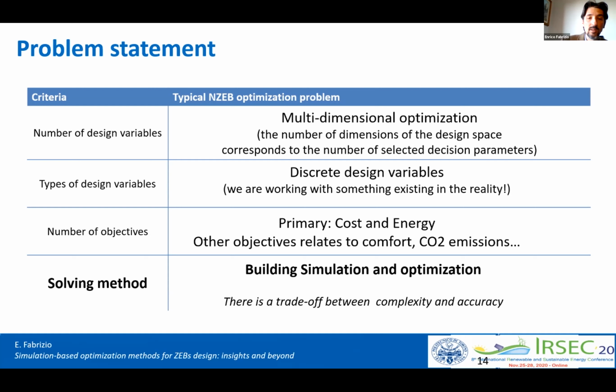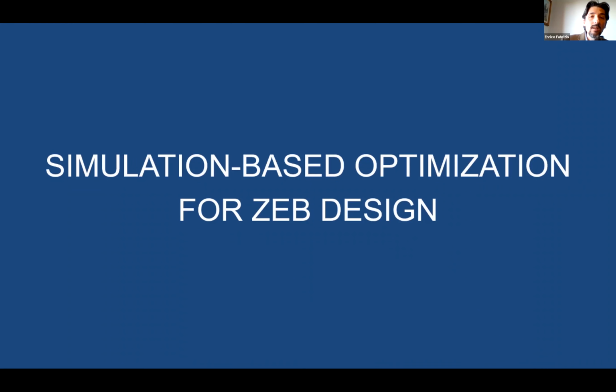This is the coupling, in the building physics field, between building simulation software and external optimizers. It is not the exact result of this optimization problem, obviously, but it is a trade-off between complexity and accuracy, which is very interesting. So, some features of simulation-based optimization for design.